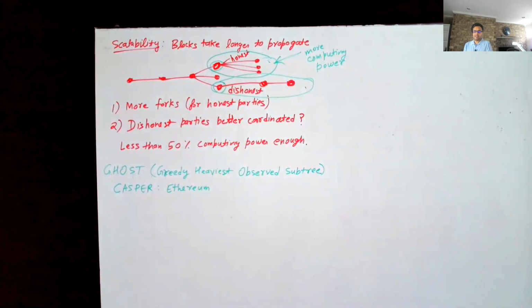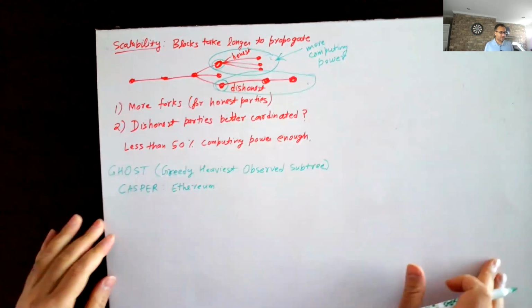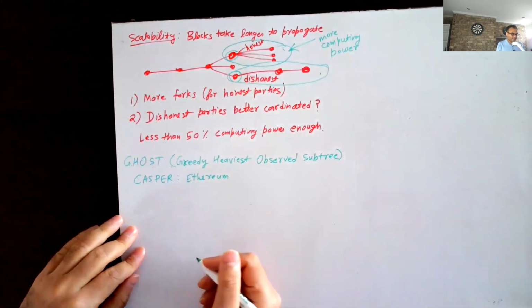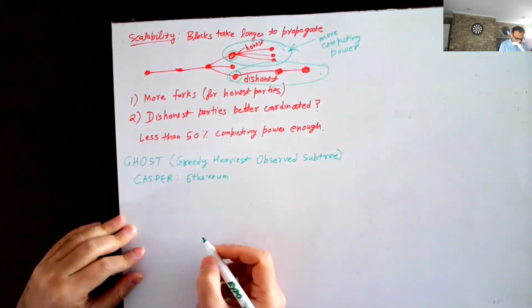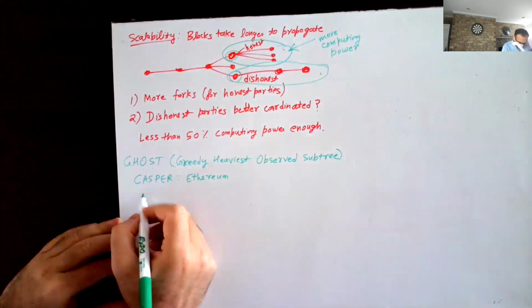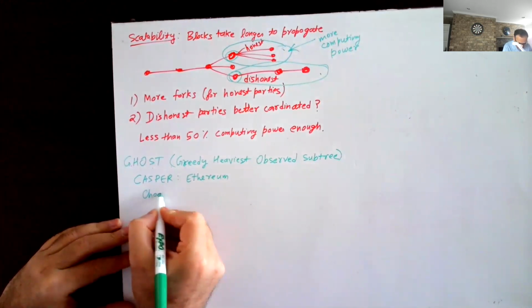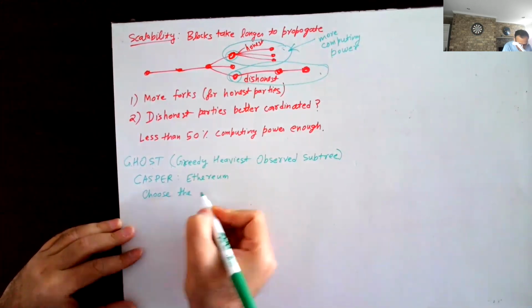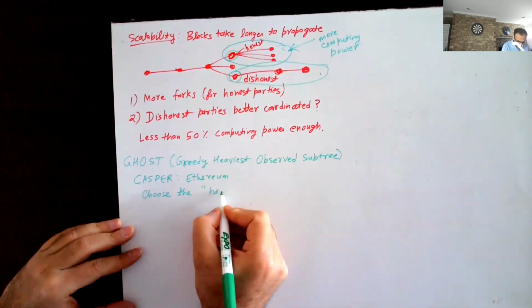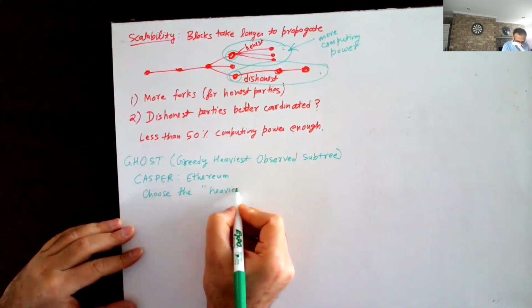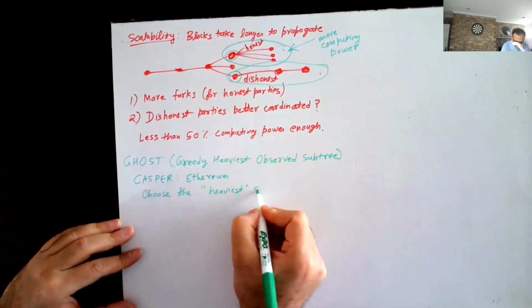Now the new proposal is, rather than choosing the longest chain, you choose the branch which has the evidence of the most computing power being spent on it. So here in GHOST, choose the heaviest subtree.